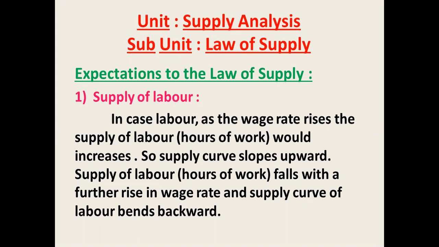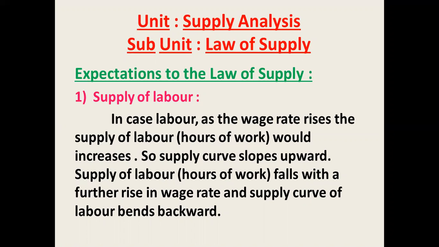This is the backward situation, meaning the supply curve of labor bends backward. Why? Because at one stage the laborer cannot provide more working hours, since they have already received the higher wage rate, and then they want rest. That's why the supply curve is backward bending.